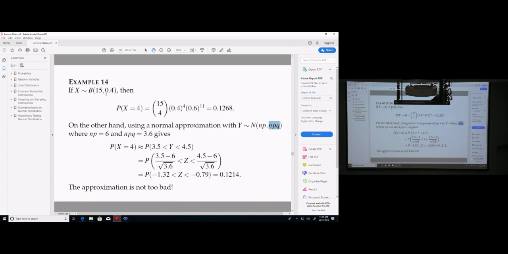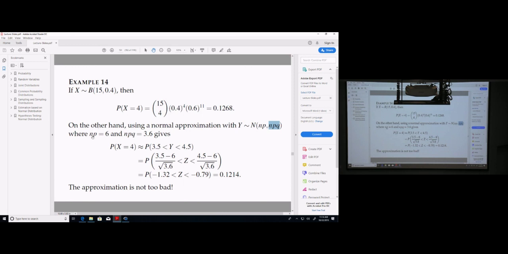This is a general philosophy of approximation: we are trying to match the moments. If we can match the moments more and more, the intuition is that the approximation is better and better.